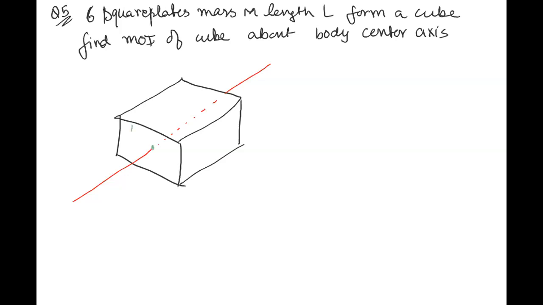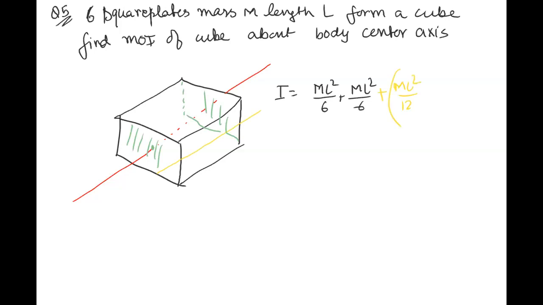So about this face, the moment of inertia would simply be equal to ml square by 6 plus ml square by 6. About this axis, the moment of inertia would be ml square by 12, but we are not interested in this axis, so we'll shift the distance of L by 2, so this would be plus ml square by 4.